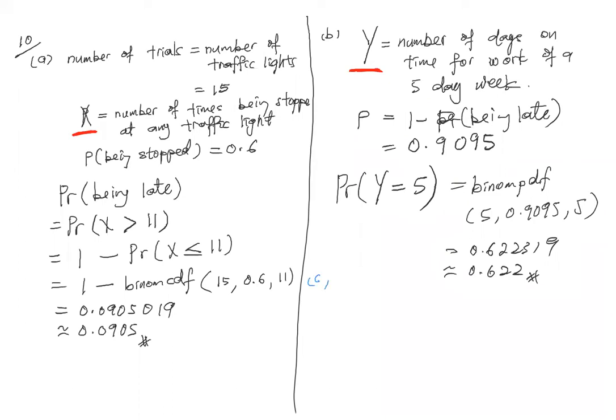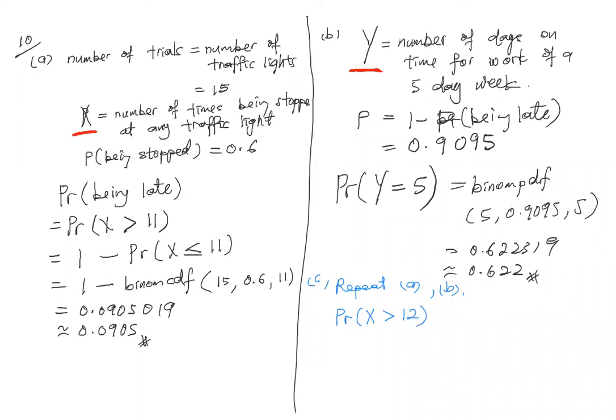So, how to do part C? Part C means you have to repeat part A and part B. Are you clear? So now, first of all, I have to find probability of X greater than 12.